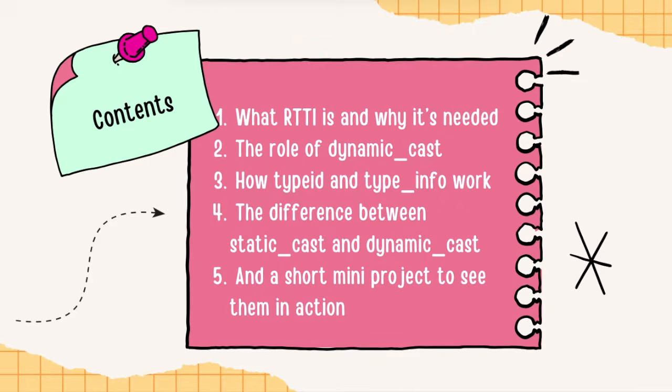By the end of this video, you'll understand what RTTI is and why it's needed, the role of dynamic_cast, how typeid or type_info work, the difference between static and dynamic cast, and a short mini project to see them in action. Let's get started.